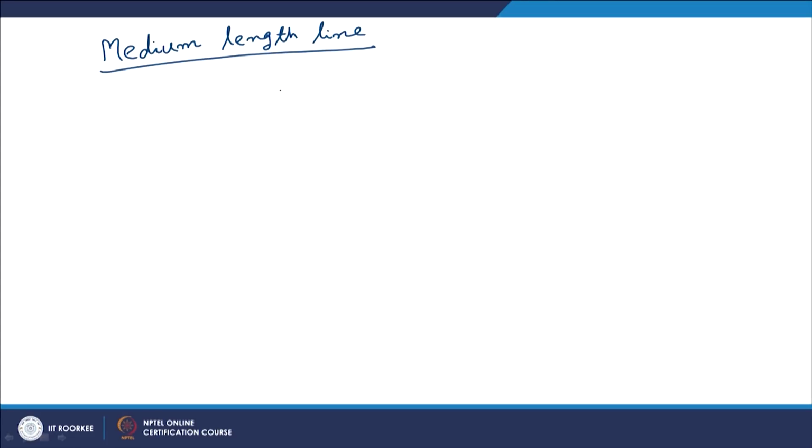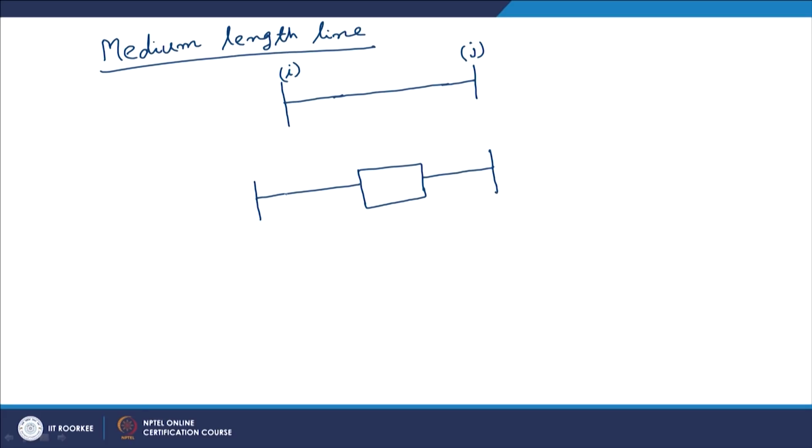So, if I have a medium length transmission line between bus I and bus J, this medium length transmission line is also represented by a pi model like this.